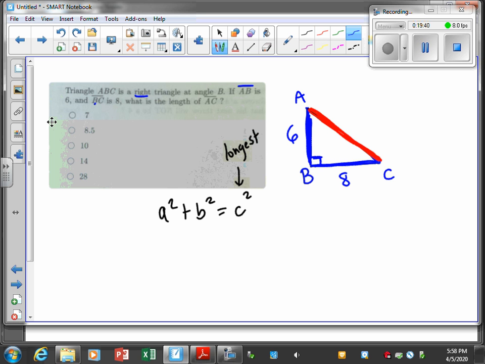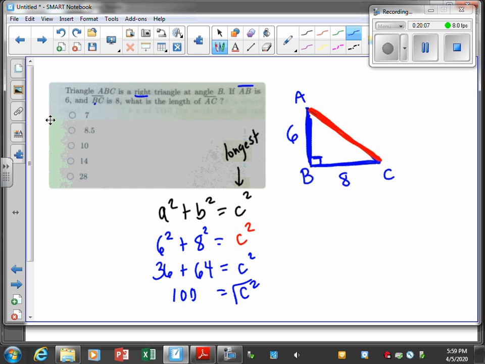So I'm just going to let a be 6, and b be the other side, which is 8, and the longest side is the one we're looking for. So actually I can put that one in red so it all lines up. And the rest of this, just do the calculations. So 6 squared is 36, 8 squared is 8 times 8 is 64, which those are going to be 100 is equal to c squared.